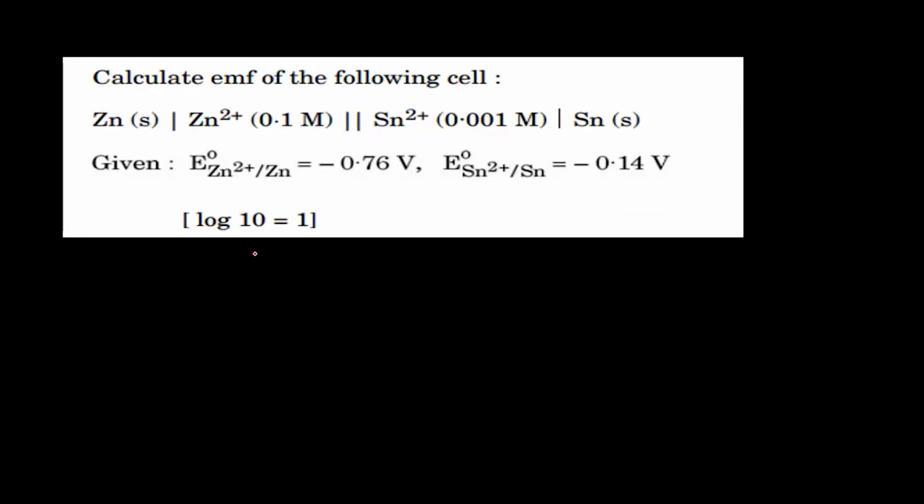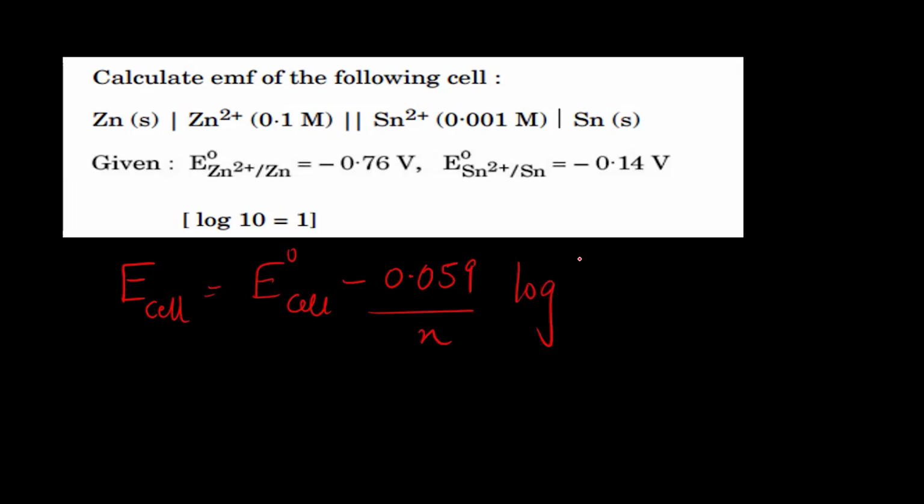Calculate the EMF of the cell. Very simple question. How will you find the EMF? This is again a question from electrochemistry. EMF is equal to E0 cell minus 0.059 divided by n log, in this case, log concentration of Zn2 plus by concentration of Sn2 plus.